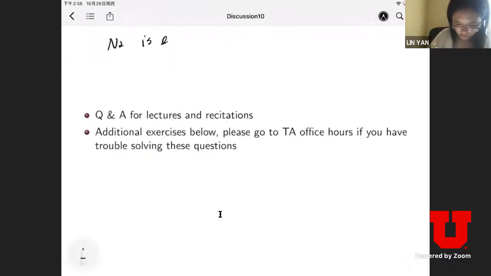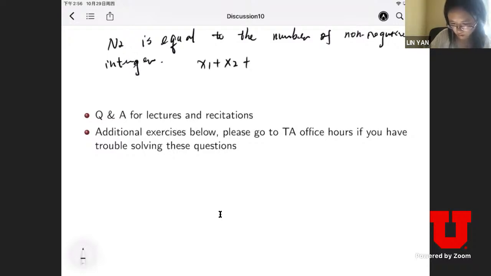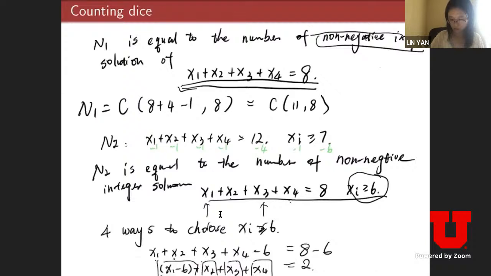So n2 is equal to the number of non-negative integer solutions for x1 plus x2 plus x3 plus x4 is equal to 2. We get it from here.